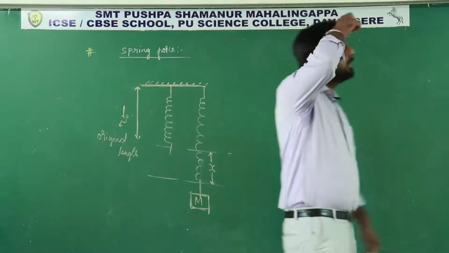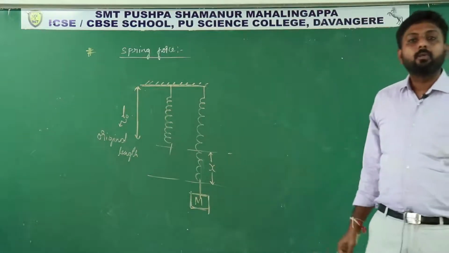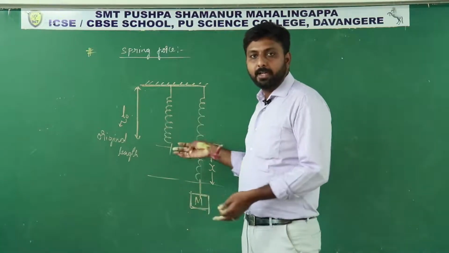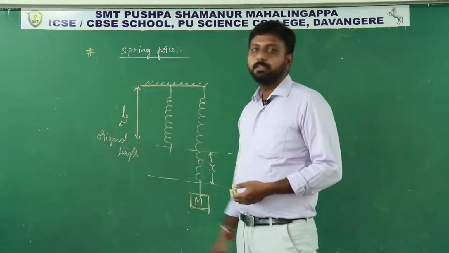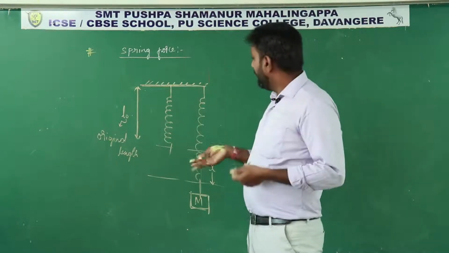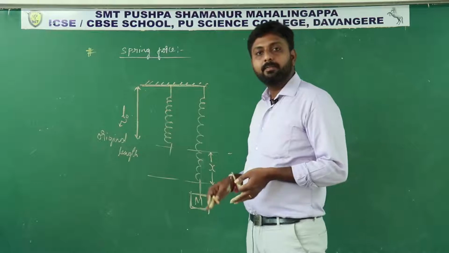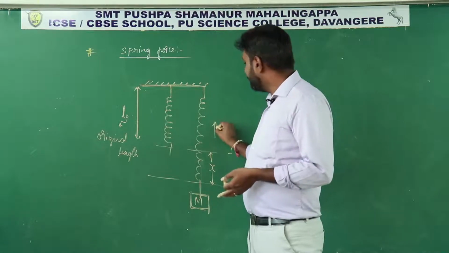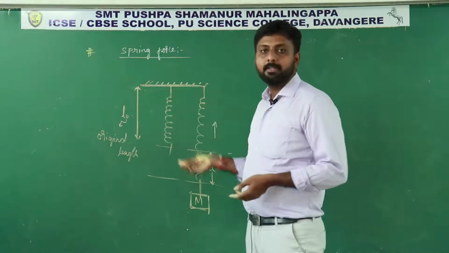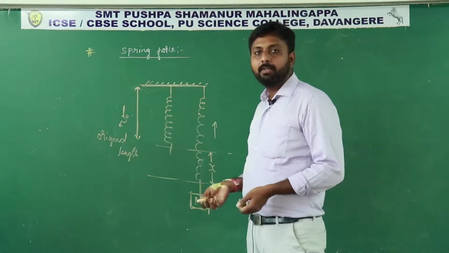Right, the length has increased. Then if you remove that weight, definitely it tries to regain its original length, L0. That means in this direction some force should act. You know that when the atomic distance has increased, an attractive force will develop.